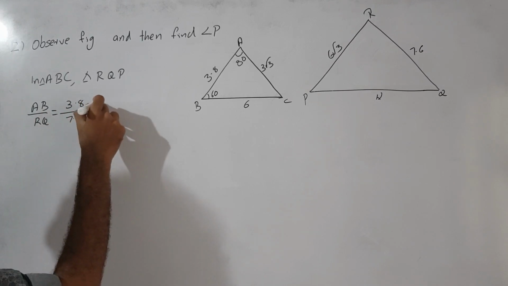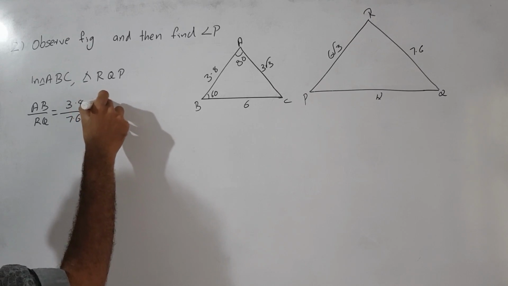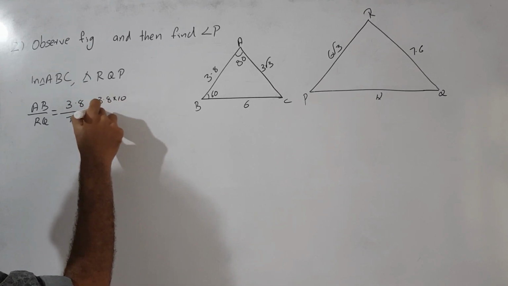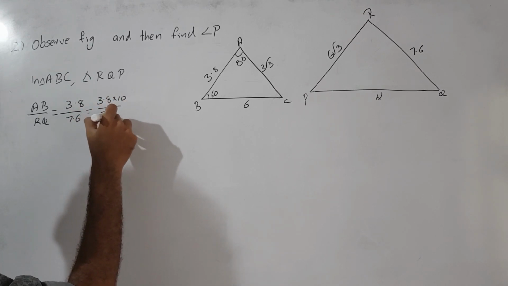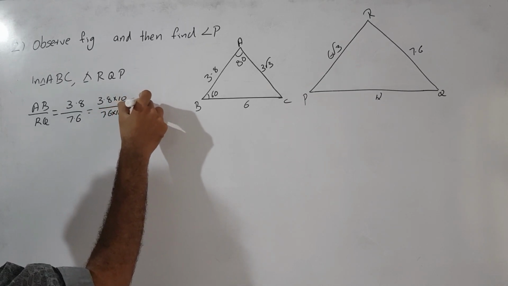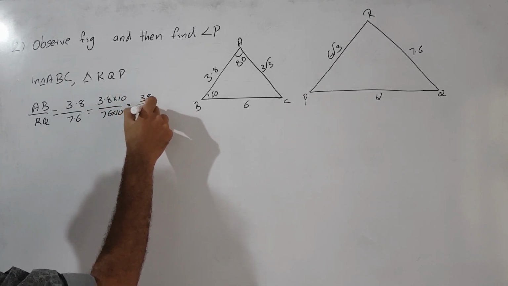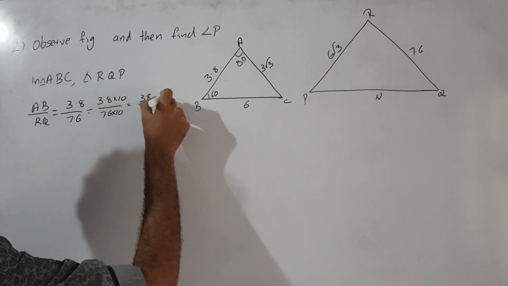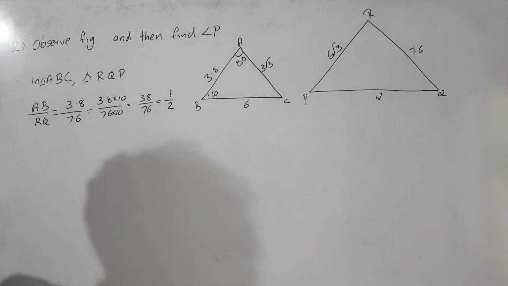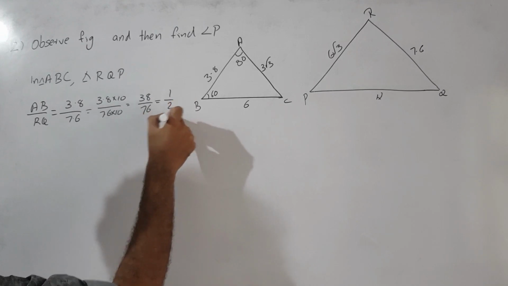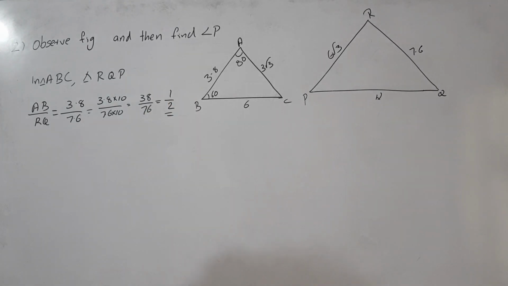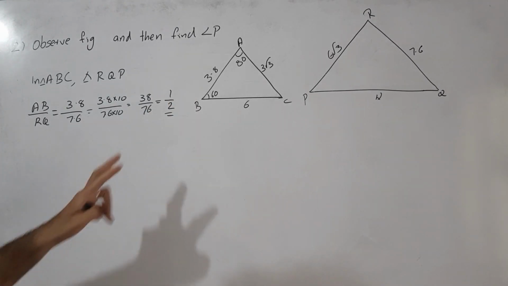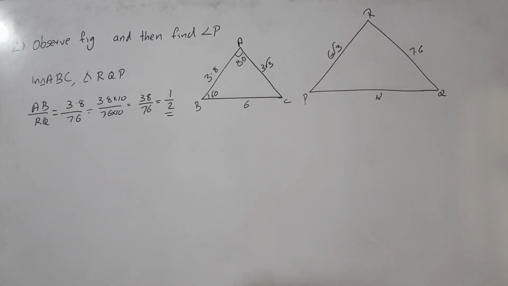To avoid the decimal value, we multiply by 10. 7.6 into 10, then 38 by 76. Then 38 by 76 is 1 by 2. Correct? Then the ratio of AB and RQ, AB by RQ is equal to 1 by 2.